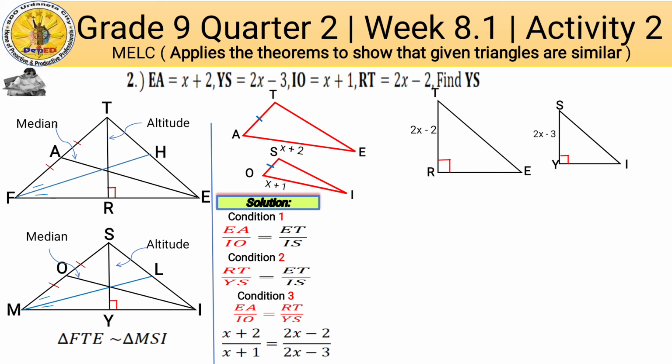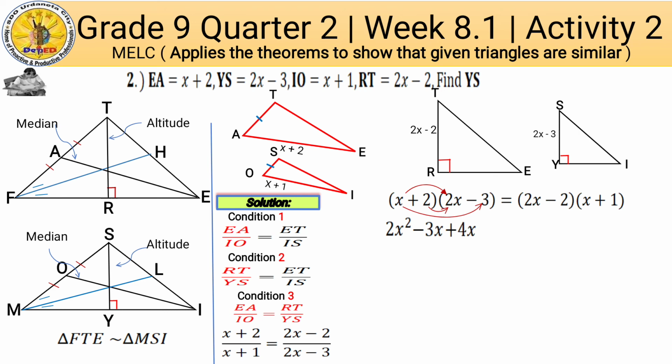Substituting the values, cross-multiply, using the FOIL method, getting the product of the first term, the outer term, the inner and the last term.